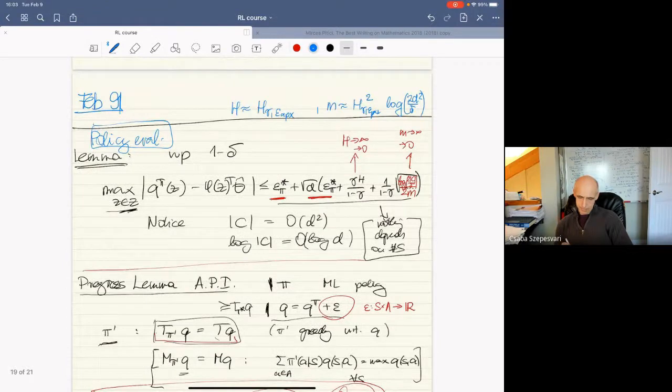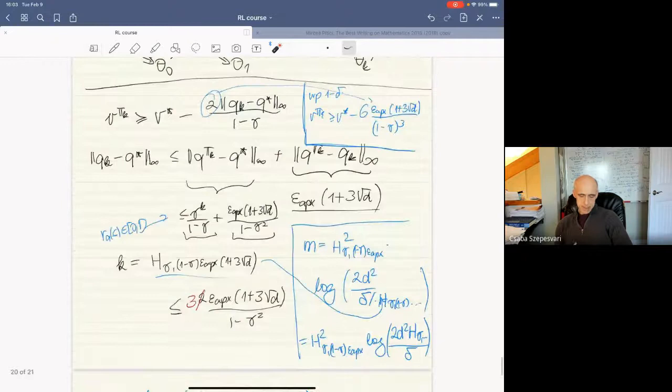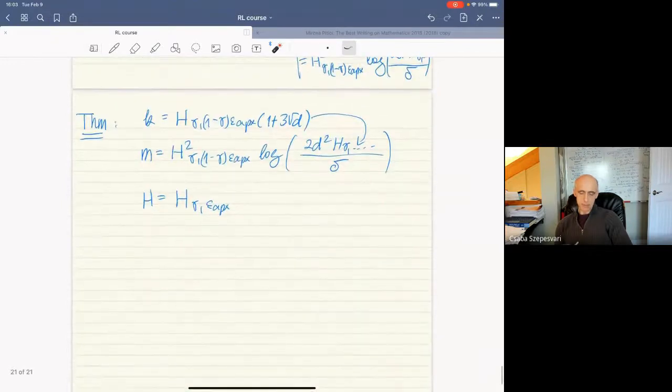Yes, this is it. So these are the parameter settings for this approximate policy evaluation procedure, least squares policy evaluation, or whatever you want to call it.